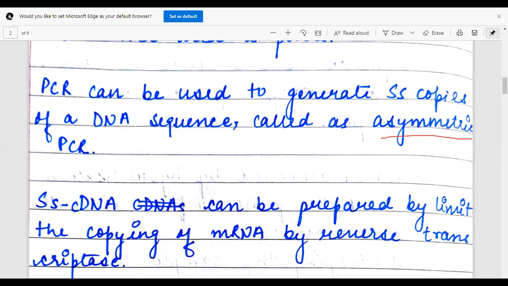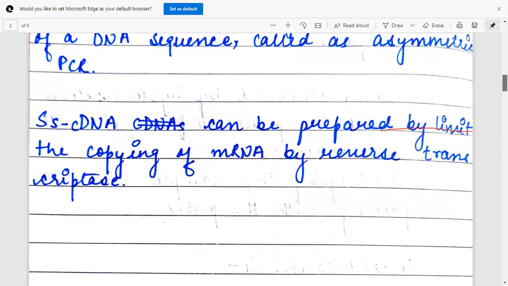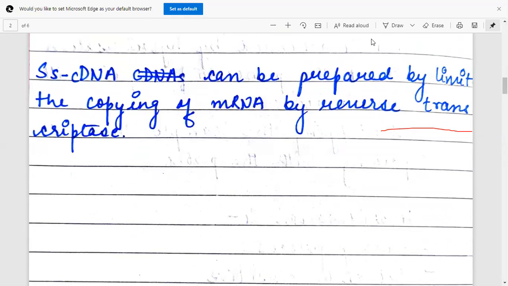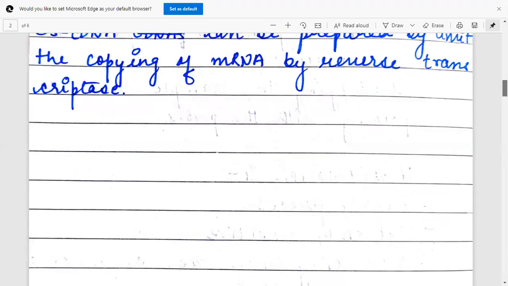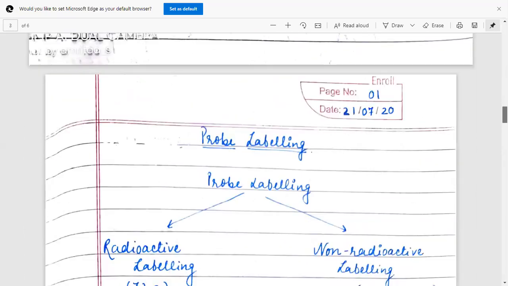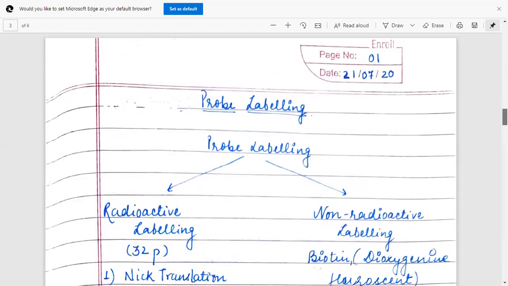The next one is single stranded cDNA, which can be prepared by limiting the copying of mRNA by reverse transcriptase. So mRNA can be copied to cDNA, and this can be used as a probe if radiolabeled or non-radiolabeled sequences are used.